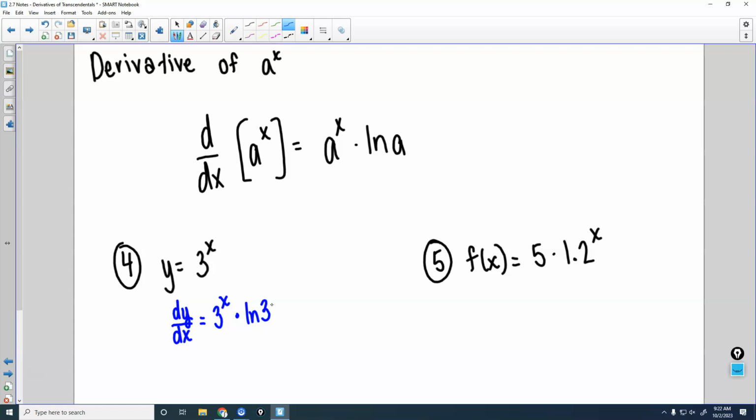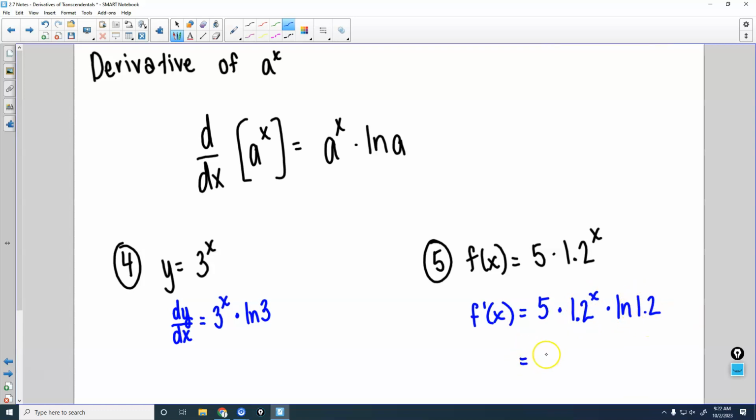Okay, if we have something like number 5, this 5 that's multiplied out front, it is a scalar multiple. So when I take the derivative, that 5 just kind of hangs out front. The derivative of 1.2 to the x power is going to be 1.2 to the x power, but then I must multiply it by natural log of 1.2.